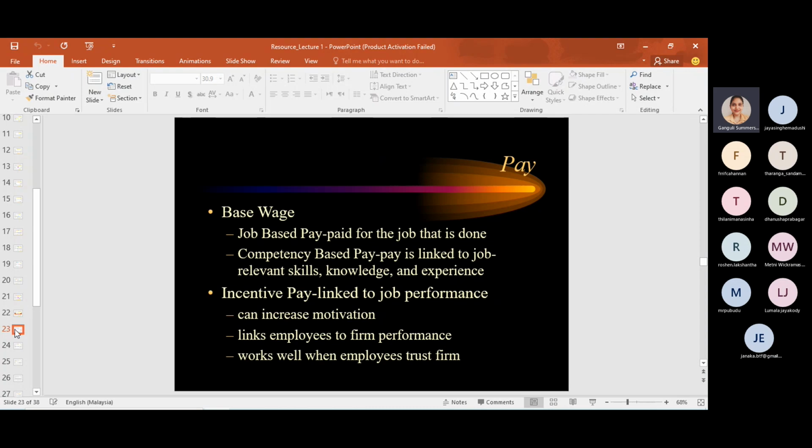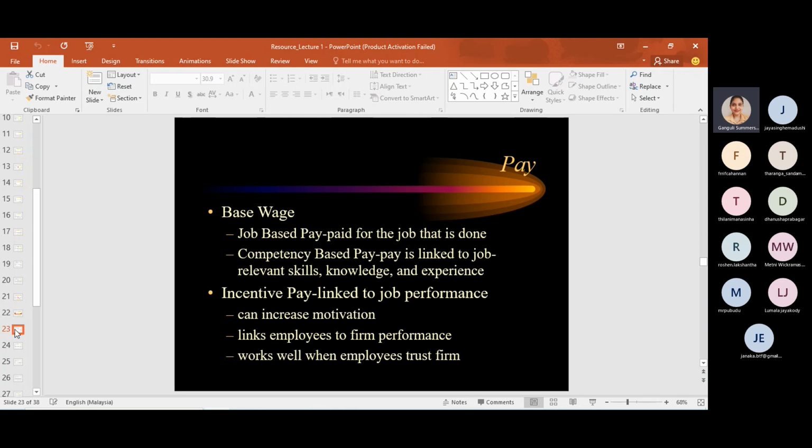Pay means your base wage, which means your basic salary. There can be 2 types of pay: job-based pay and competency-based pay.